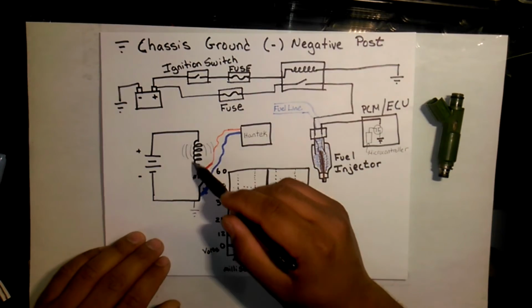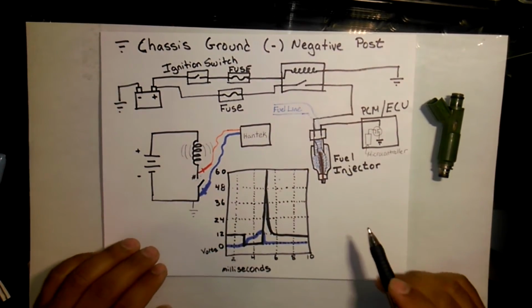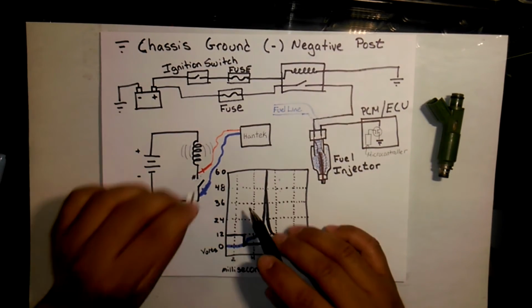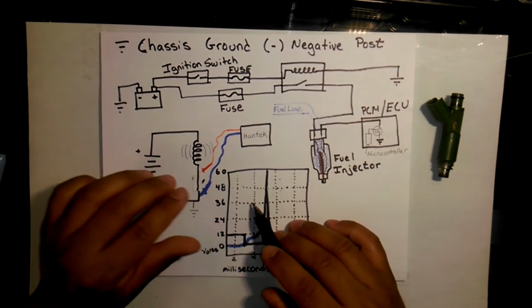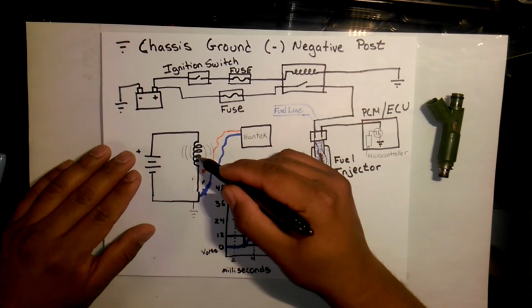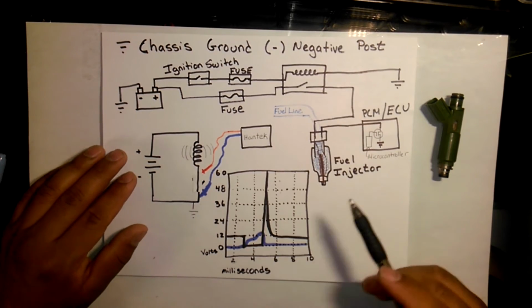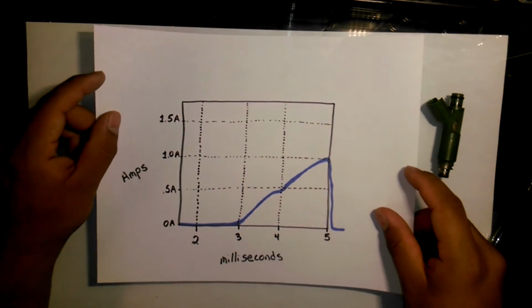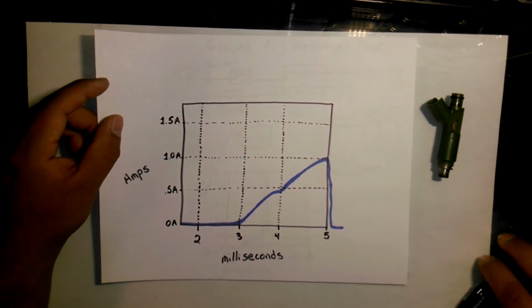If we consider this here to be the fuel injector, when we get to this point here, the current starts to flow through the inductor, or through the fuel injector. And it is actually represented by this diagram here. We actually saw it in the other video, but I drew it here.